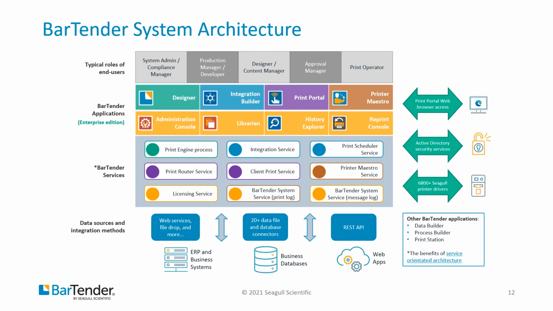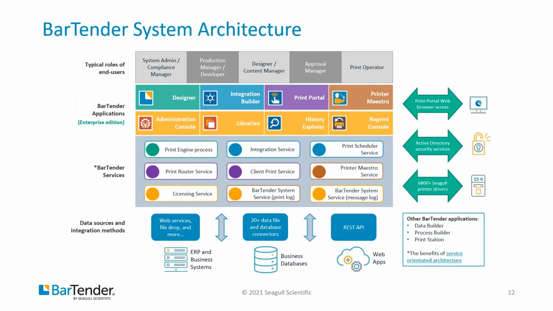Administration Console for administering various miscellaneous aspects of the BarTender software. Librarian for document management and revision control. And lastly, History Explorer and perhaps Reprint Console is kind of associated.